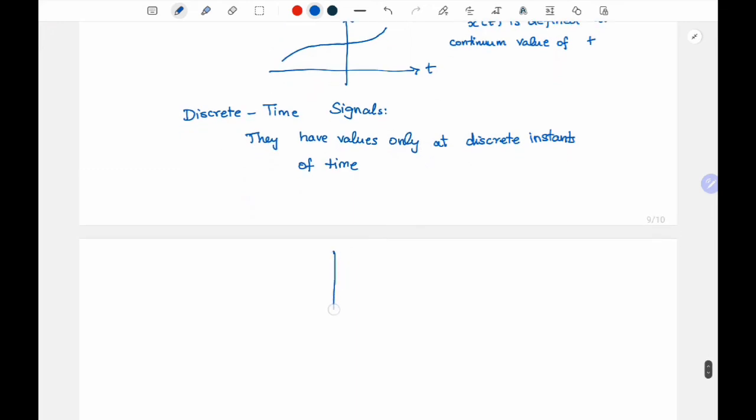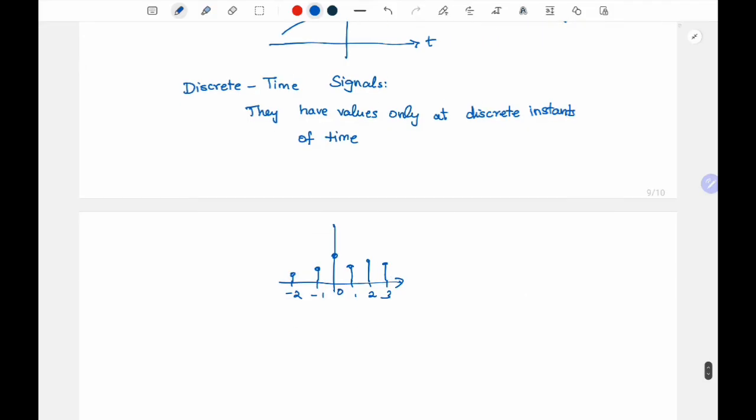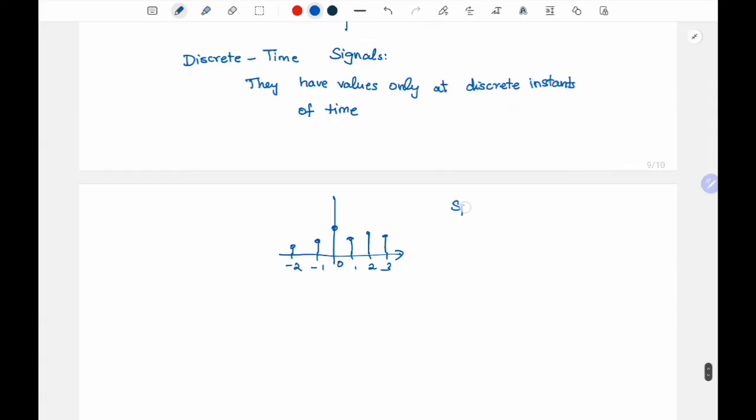For example, let's say 0, 1, 2, 3, minus 1, minus 2. So only at these places they have values, right? So specified only at discrete values of t.